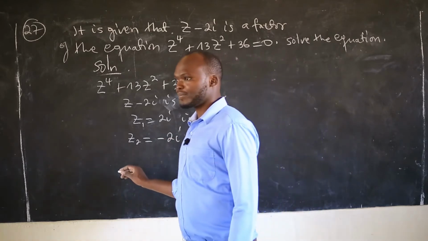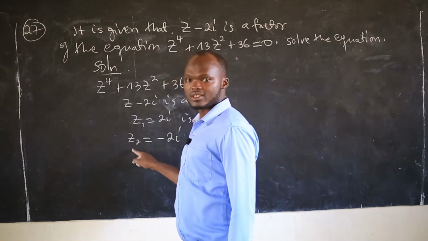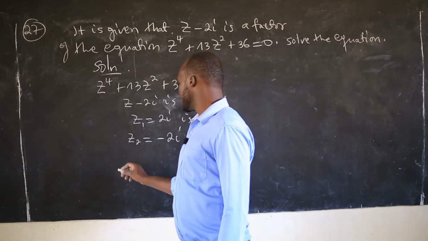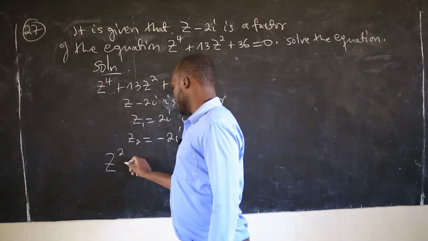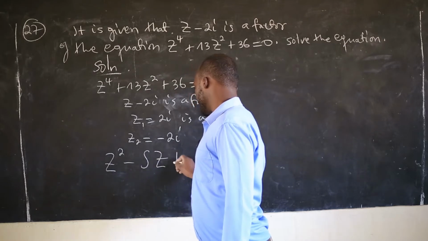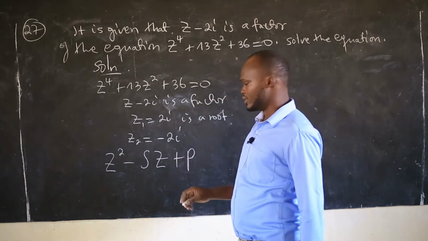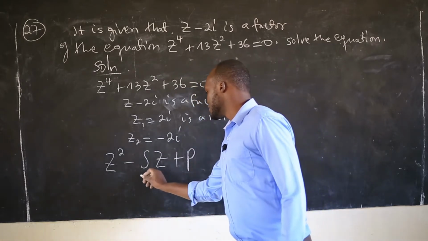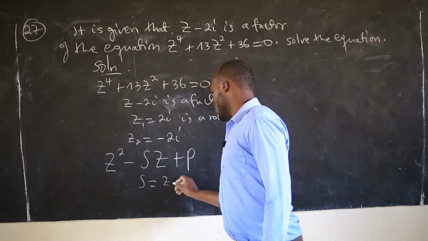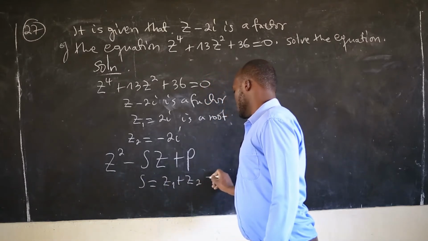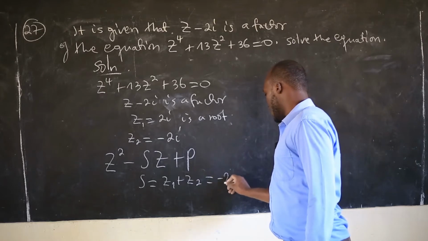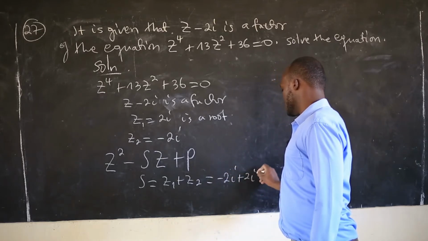So remember, when you have two roots, you can form a quadratic equation, which is z squared minus sz plus p, where s is the sum of those roots, so there it will be negative 2i plus 2i, which is 0.